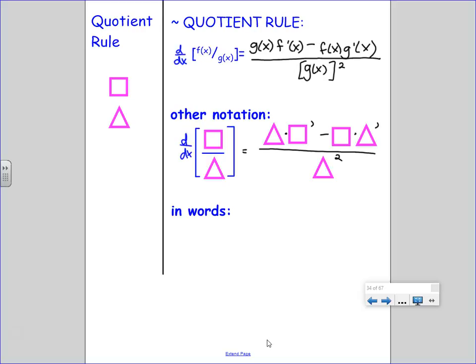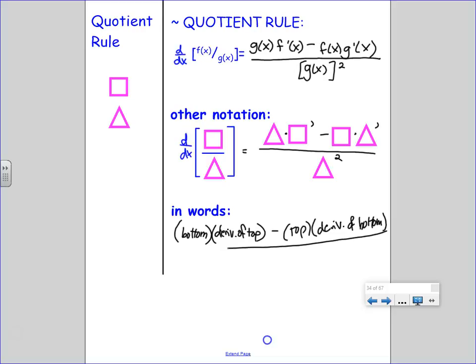Or in rules, we could say the derivative of any quotient would be the bottom function times the derivative of the top minus the top function times the derivative of the bottom, all over bottom squared.